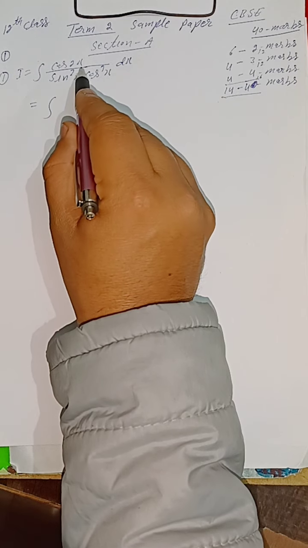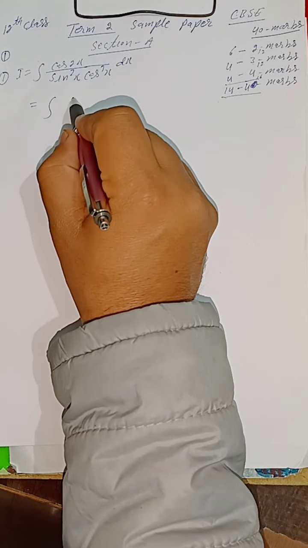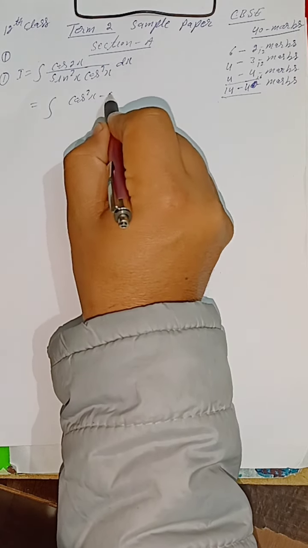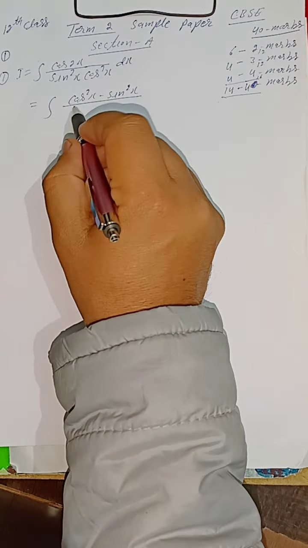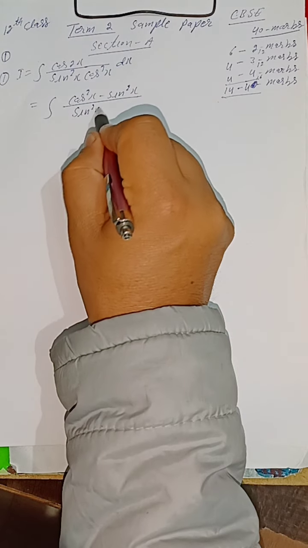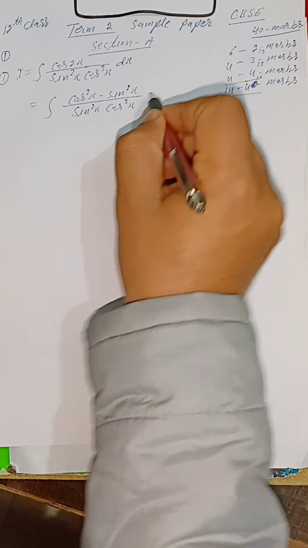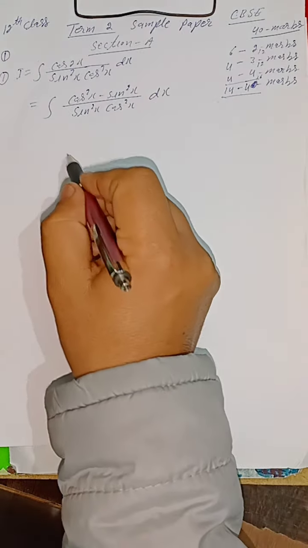We know that the formula for cos 2x is cos square x minus sine square x. We'll write sine square x cos square x as it is.